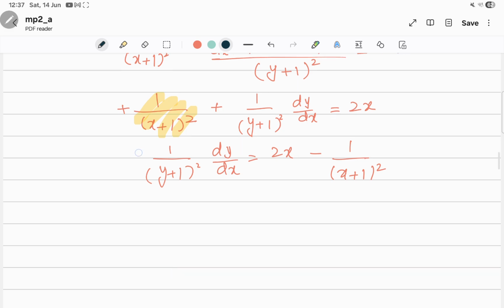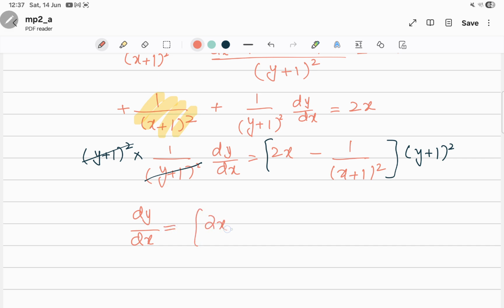So if you multiply by y plus 1 whole square on both sides, they cancel out, and you're left with dy over dx equals 2x minus 1 over x plus 1 whole square, times y plus 1 whole square.